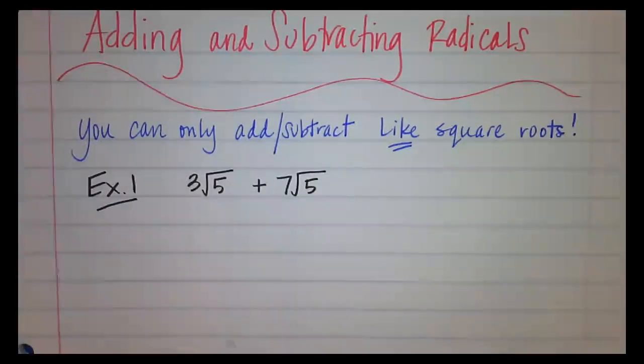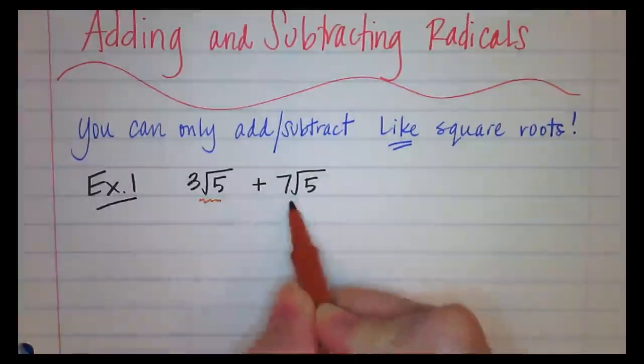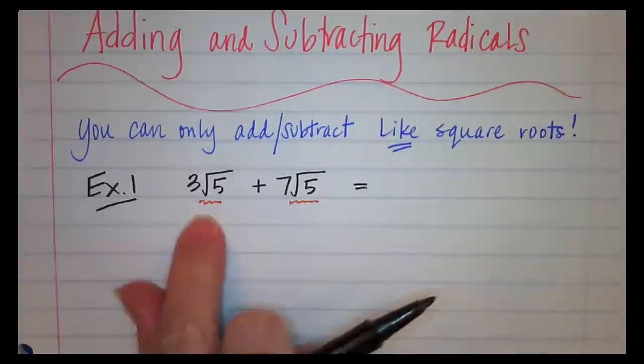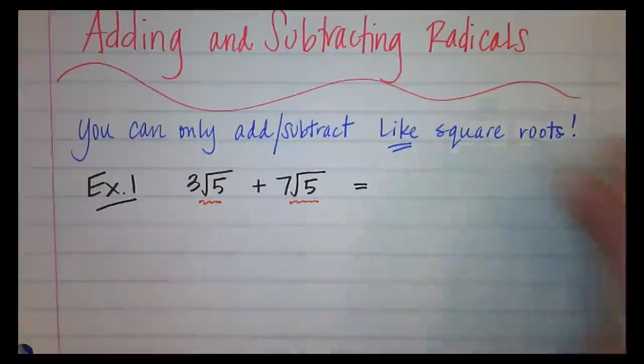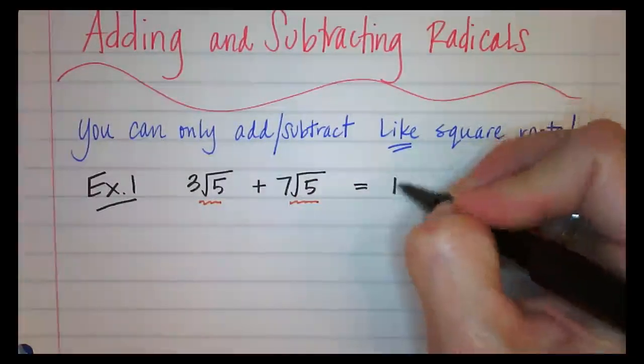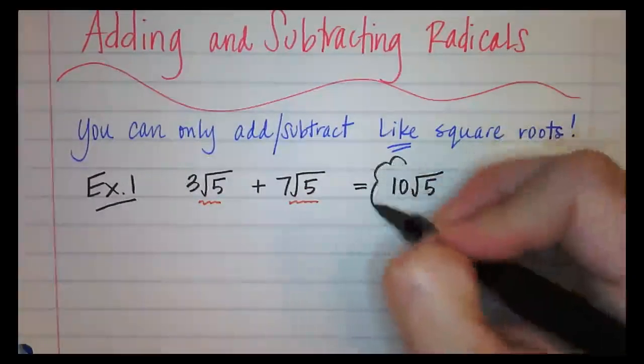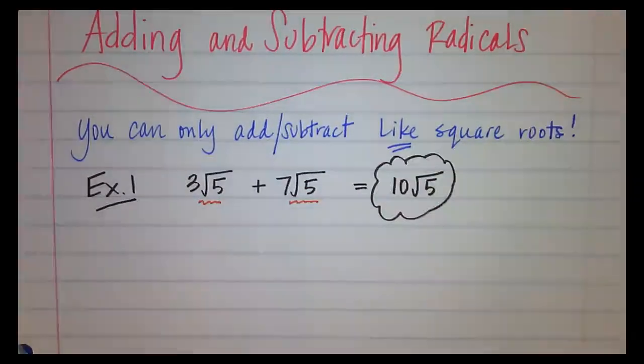What you want to notice is that the radical is the same. So we have like square roots. If we take together 3 square roots of 5 and add 7 square roots of 5, we will have 10 square roots of 5. And that is your answer. It's pretty straightforward.